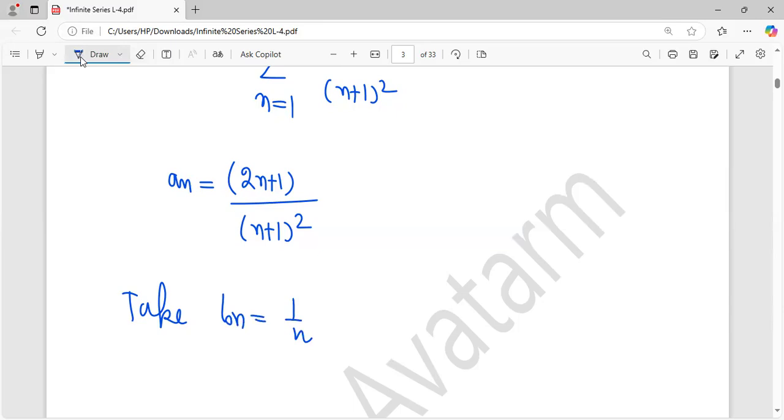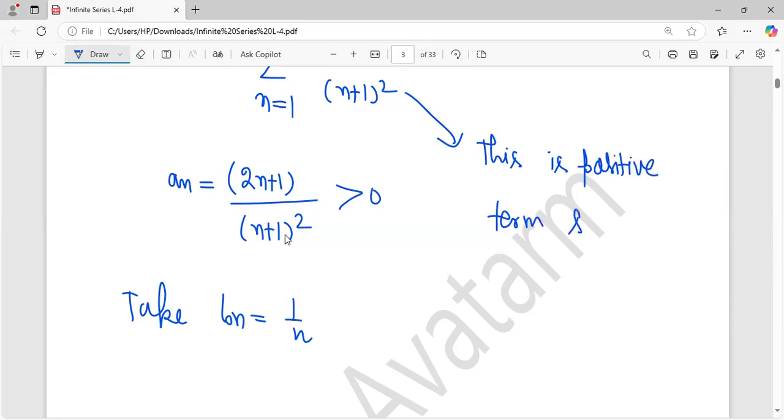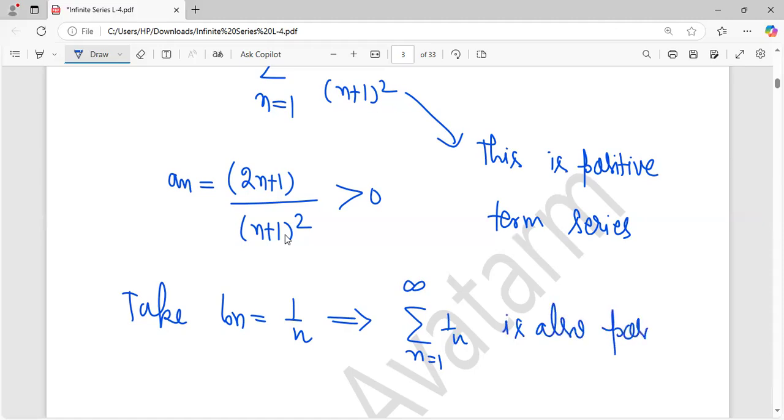Now you see that this series is a positive term series, because a_n is greater than 0. This implies it is a positive term series. Okay. Because b_n is equal to 1 upon n, summation n goes from 1 to infinity 1 upon n is also a positive term series.